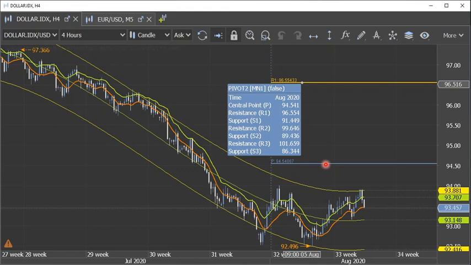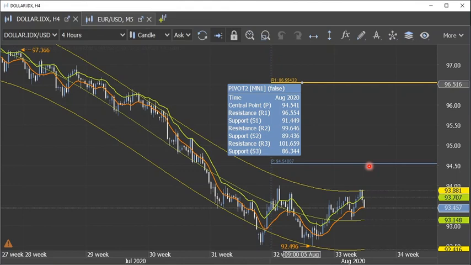Right now we are mostly playing on the retracement possibility, and for that we will mostly have to rely on the lower time frame chart, while keeping in mind that the longer term trend is still bearish. Unless and until we see a fresh break above this central pivot point, which is close to 94.5, we will need to be cautious while taking any trade in the dollar index on the long side.